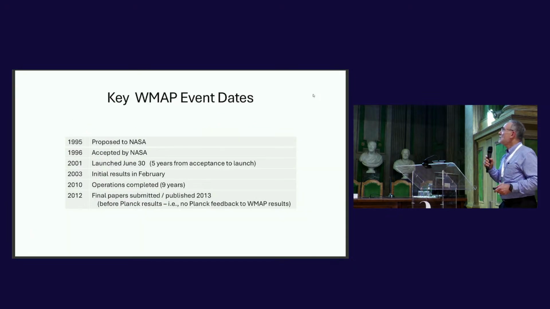The timeline here, just to put WMAP in its history perspective: in 1995, we proposed to NASA. The proposal was accepted a year later, in 1996, and then we were off and running. Five years later, in 2001, we launched. And then in 2003, we had our first science results.